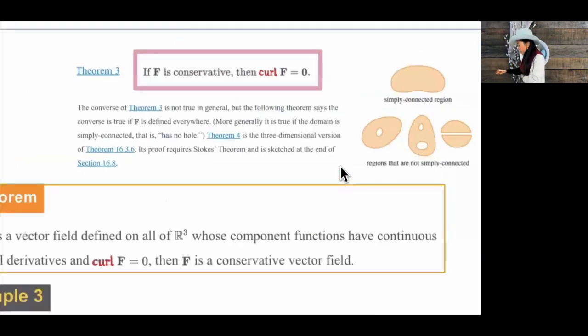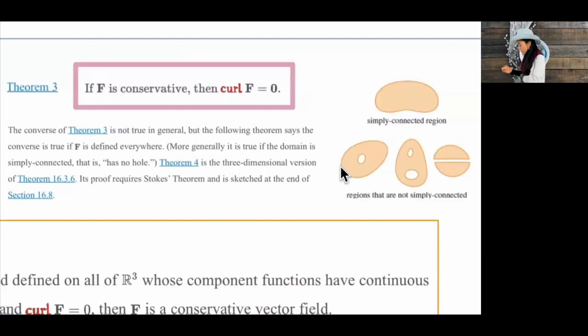Now, the converse of this theorem is not true in general, okay? So what's the converse? The converse is just going backward this way. It's not the contrapositive, it's just going backward.